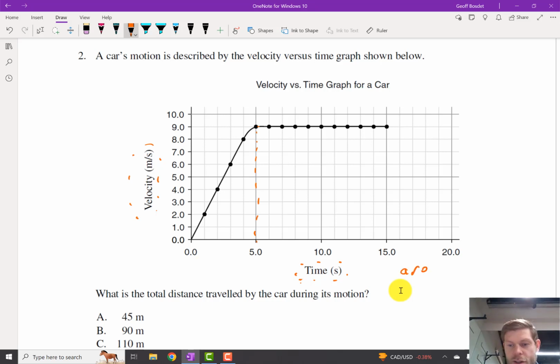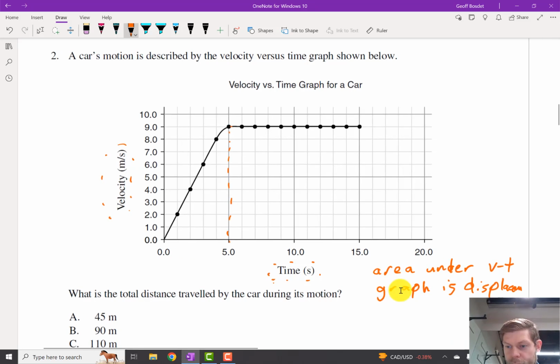So area under a VT graph is displacement. Hopefully you just remember that. We got a triangle here we can solve for. Looks like it's got a height of 9 and a base of 5. 9 times 5 is 45.